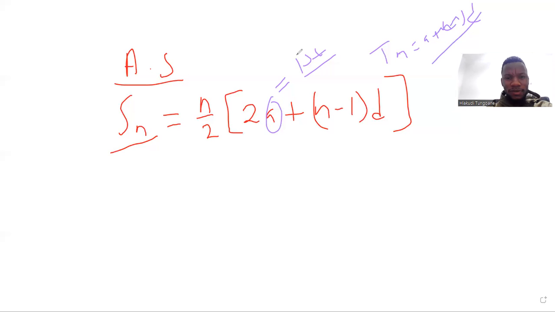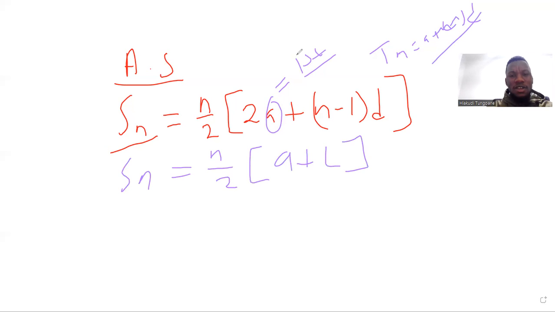Okay, so there's another formula that you sometimes see. The formula is n over 2 times (a plus l). This formula is an alternative to the first one, so both will give you the same results.